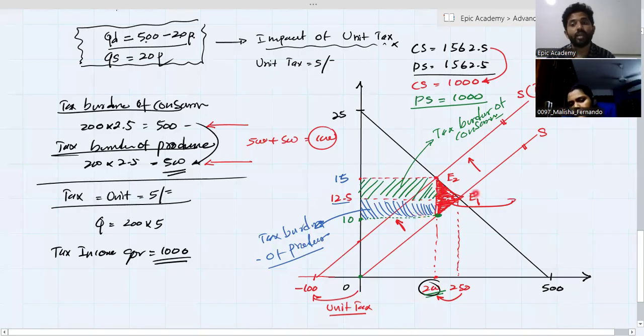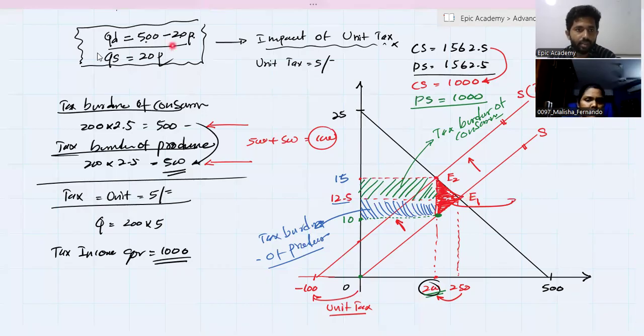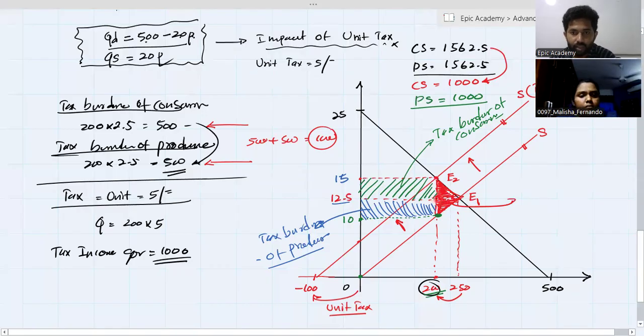Before the tax, this belonged to the consumer surplus and this belonged to the producer surplus. But now there's no owner. We call it dead weight loss.